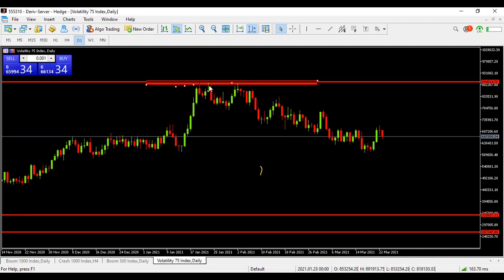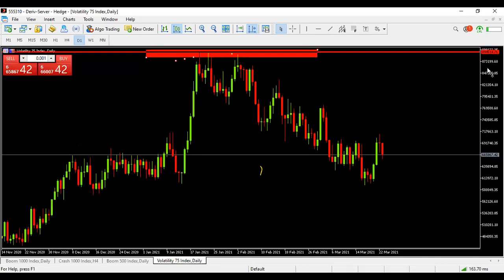After this touch, this was the first movement, but it shows that this place is a strong resistance zone. This is what you call a double top in the market. Now, this was the first confirmation that the market is a downtrend.